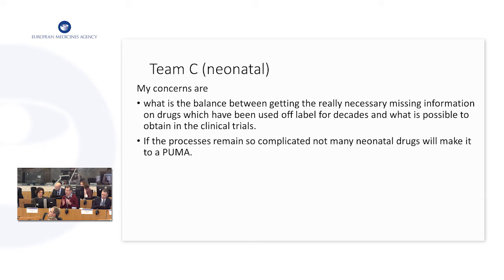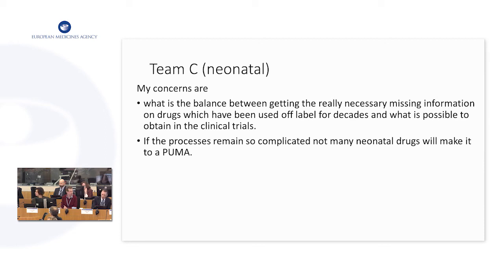And now coming to a neonatal specific issue, but maybe this is relevant to all legacy off-patent medicines. What is the balance between getting the really necessary missing information on drugs that have been used off-label for decades and what's possible to do in clinical trials? And if the process remains so complicated, not many neonatal drugs will make it to a PUMA.